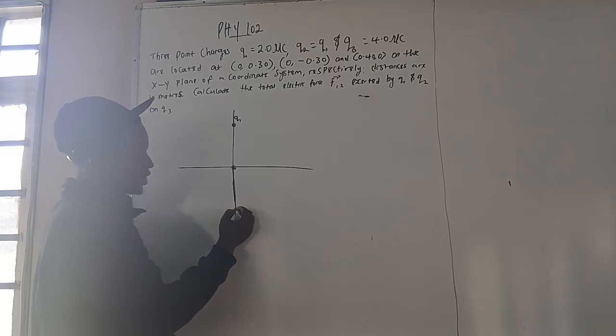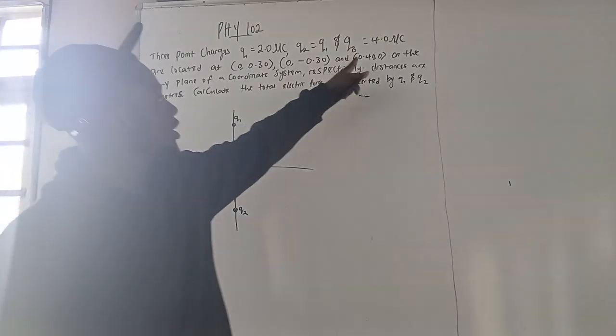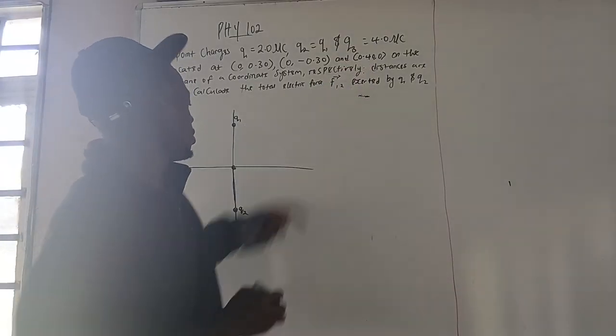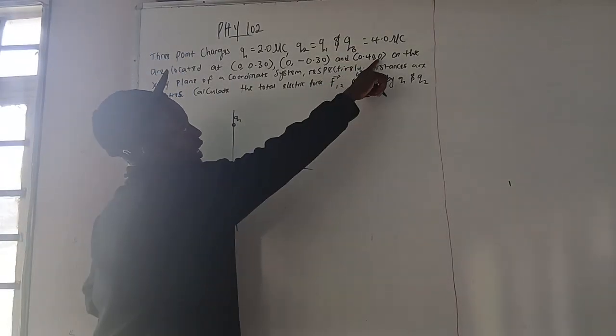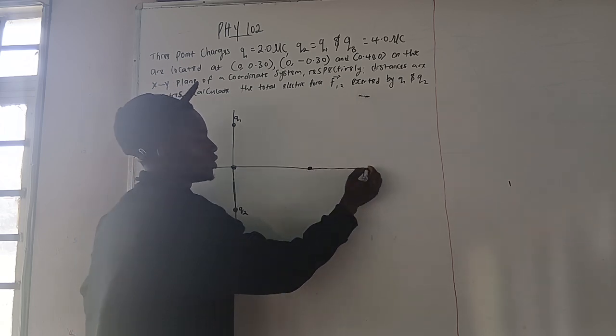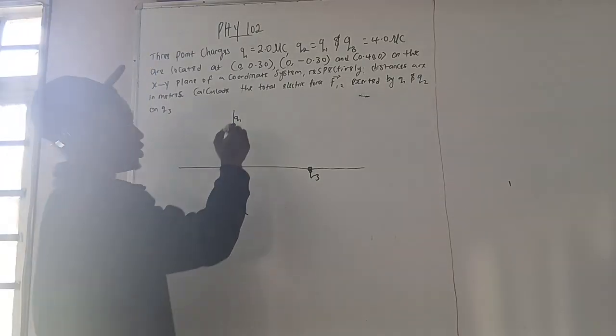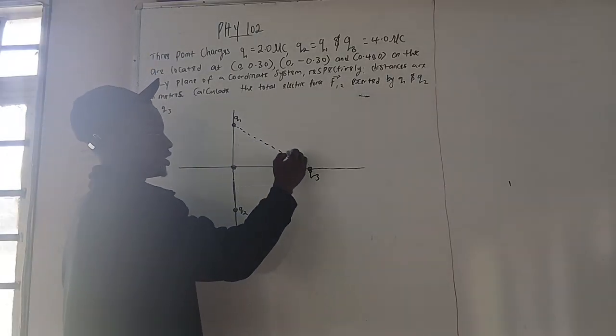Are we together? Q3, x is positive 0.4, while y is at the origin. Let's assume it's here. Now let's join all the points together.